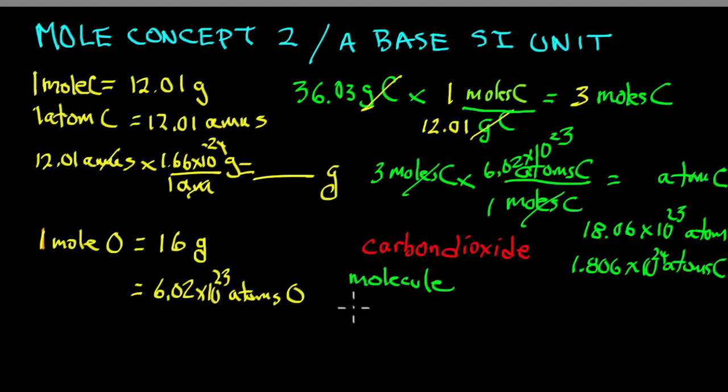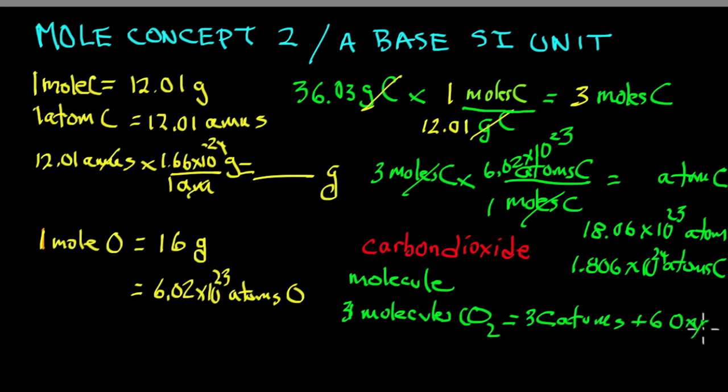So if we have, let's say, 3 molecules of carbon dioxide, what we have is 3 carbon atoms, and 3 times 2, 6 oxygen atoms. That makes sense? So the single unit is a pure substance. It's a compound or a molecule.